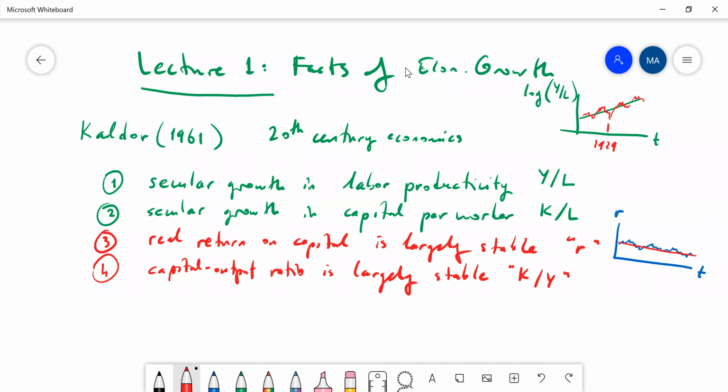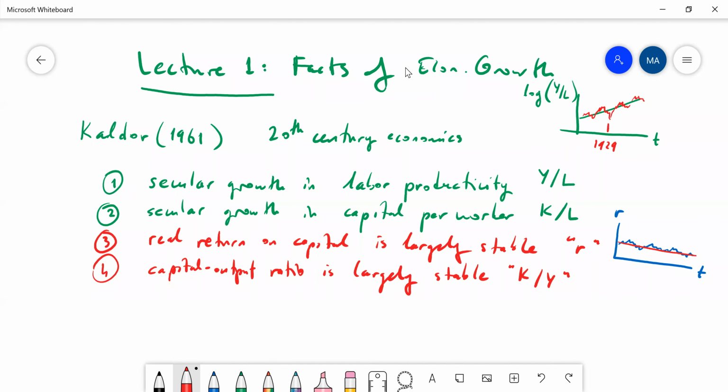There will be some growth miracles here, such as Japan, Singapore, Korea, Taiwan.